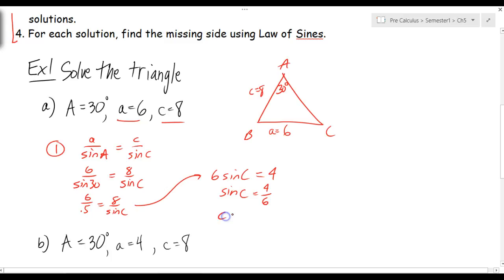And then C would be the inverse sine of 4 over 6, which, using your calculator, is going to give you 41.81 degrees.